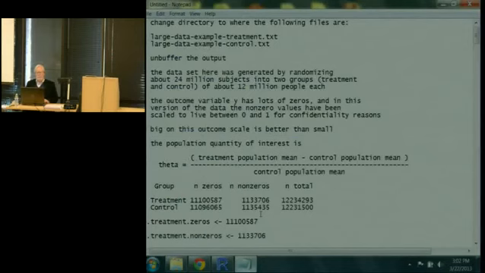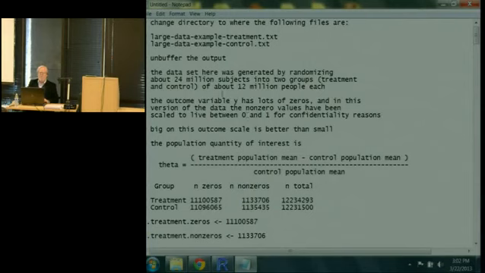So I randomized 24 million subjects into two groups. The outcome variable y turns out to have lots of zeros. And in this version of the data, the non-zero values have all been scaled to live between 0 and 1 for confidentiality reasons. They lived in a different range before, but I've rescaled them.